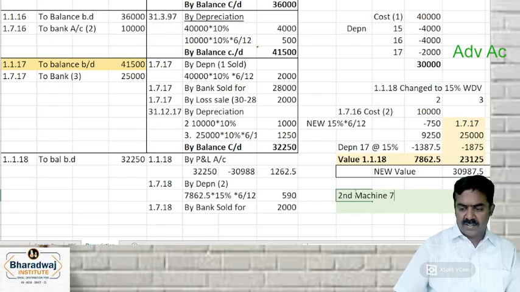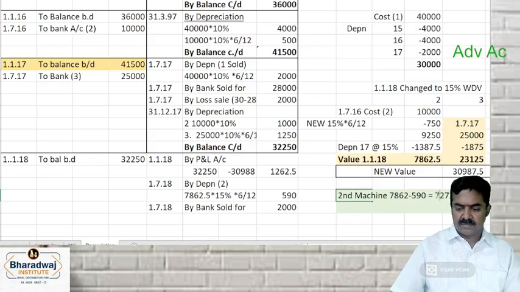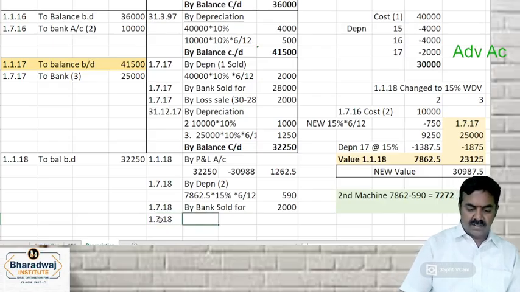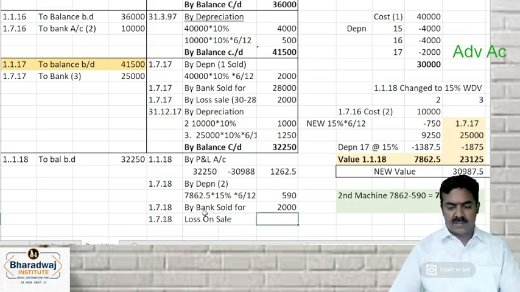At the beginning of the year it was 7862, minus depreciation of 590, what is the value? 727. Okay, let us take 7272. 7272 sold for 2000 now. 1/7/2018 loss on sale. What is the loss on sale?